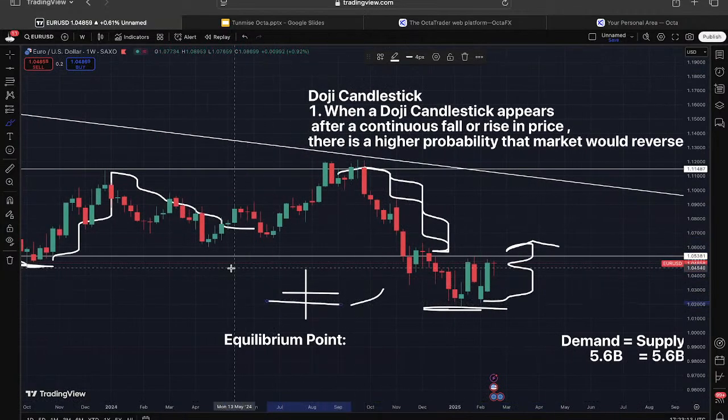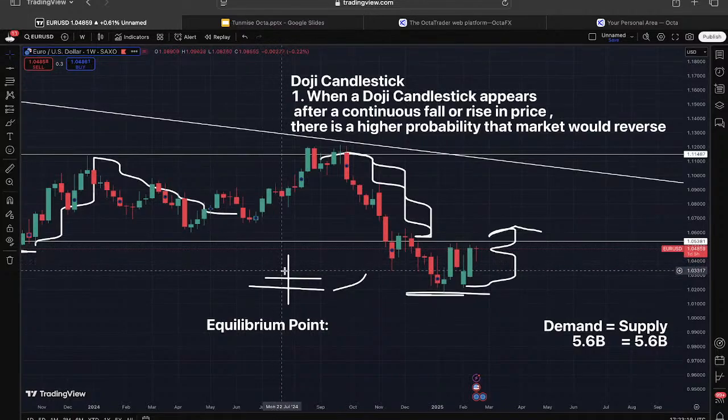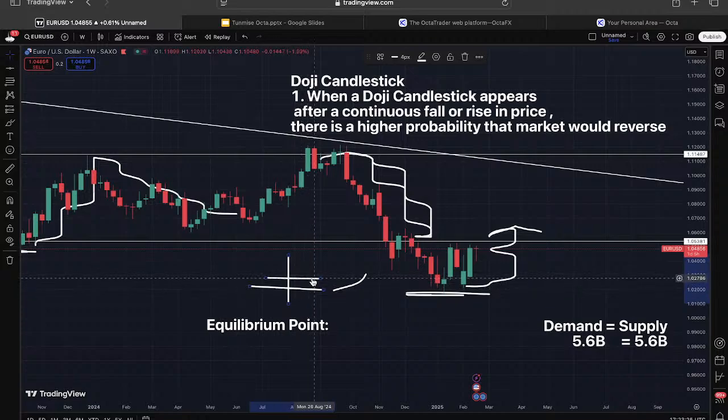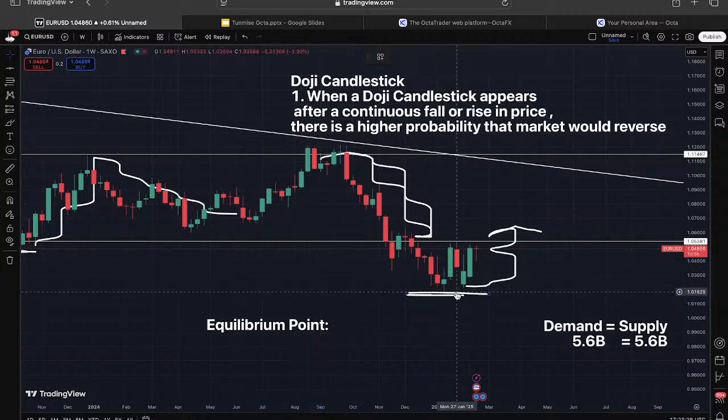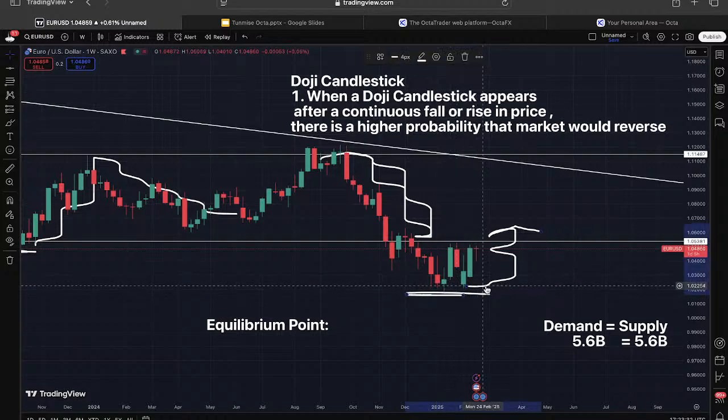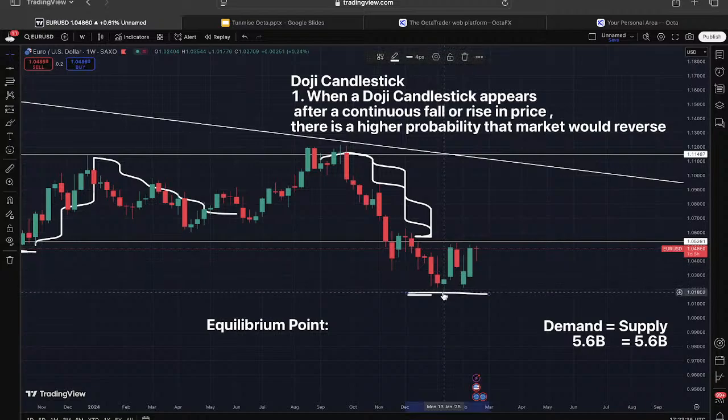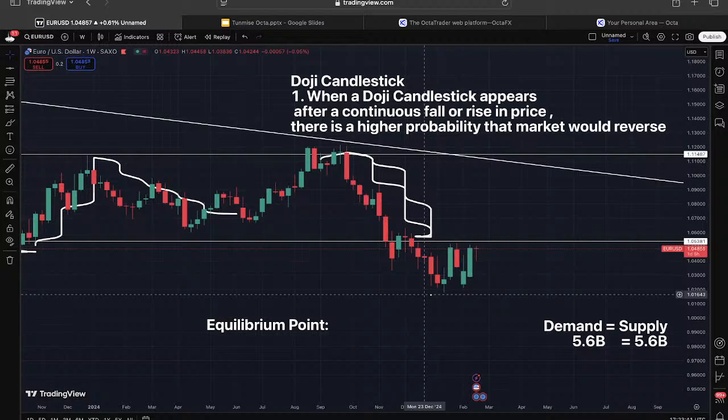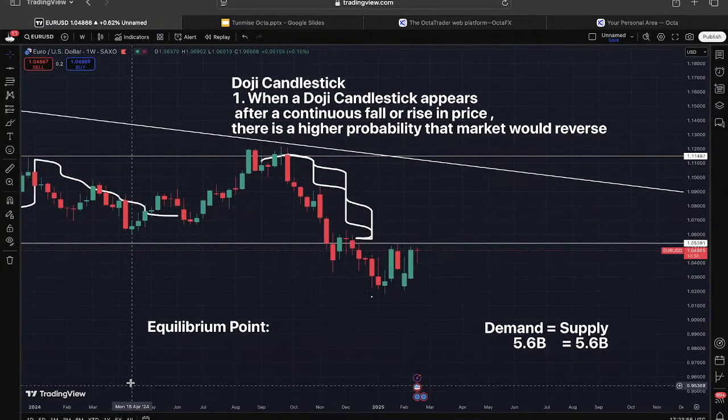Now we can see clearly here in the weekly time frame what is actually going on.